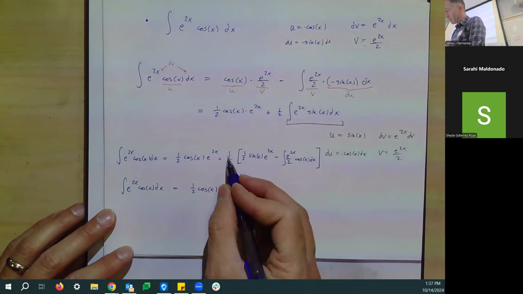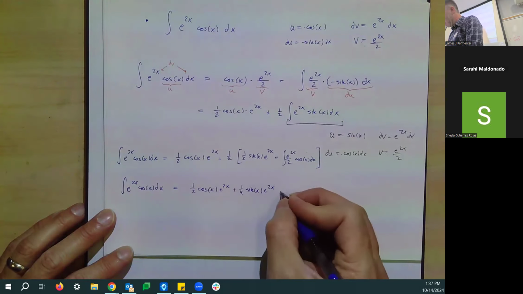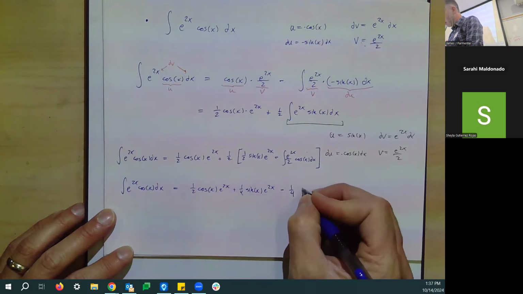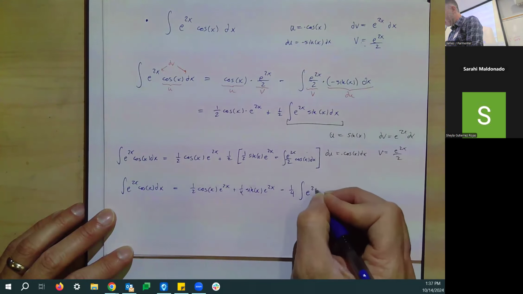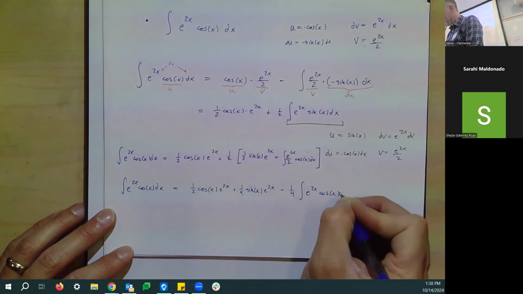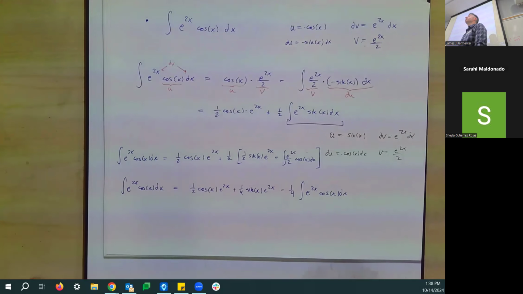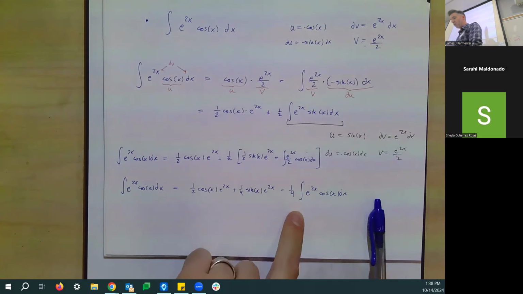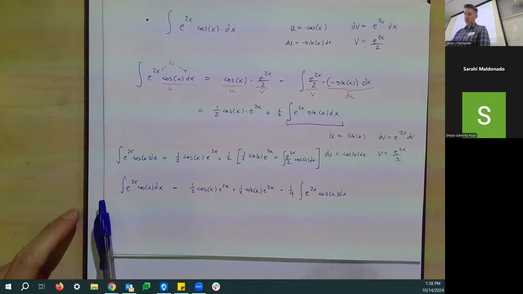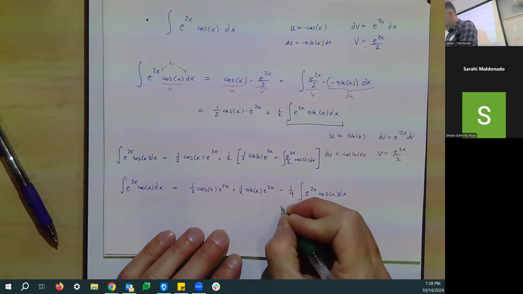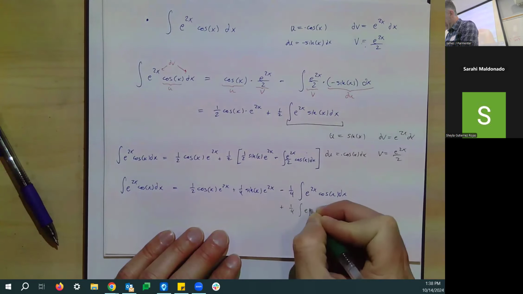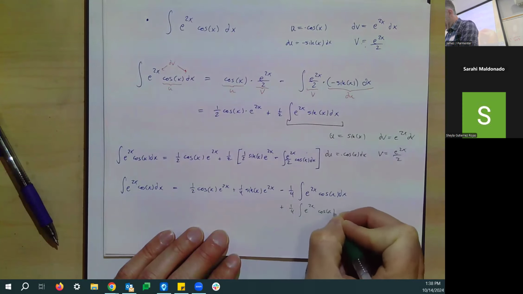And then 1/2 times a negative 1/2 is minus 1/4 integral of e to the 2x cosine of x dx. Oh, look, I ended up getting the same integral I started with. And instead of just repeating this process forever and ever, I'm going to take this and add it over to the other side of this equation. So I'm going to add 1/4 of this integral to both sides.